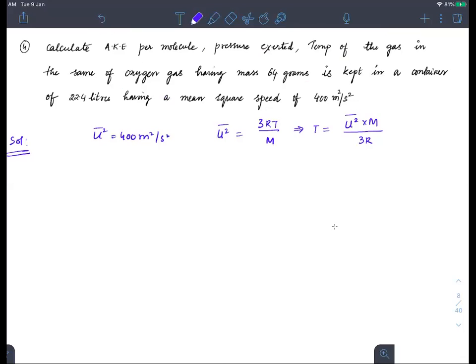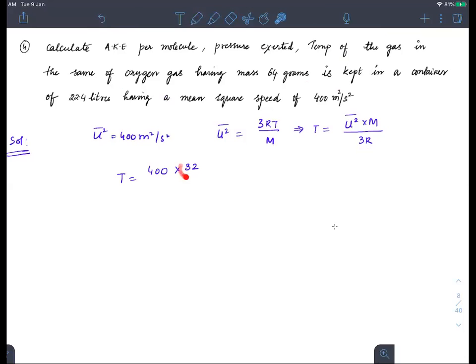So the minute you come across this, I would recommend first always calculate temperature, which makes your next step very easy. This is given as 400 already, multiplied by molar mass. Now see the molar mass. This is about oxygen, so that would be 32.